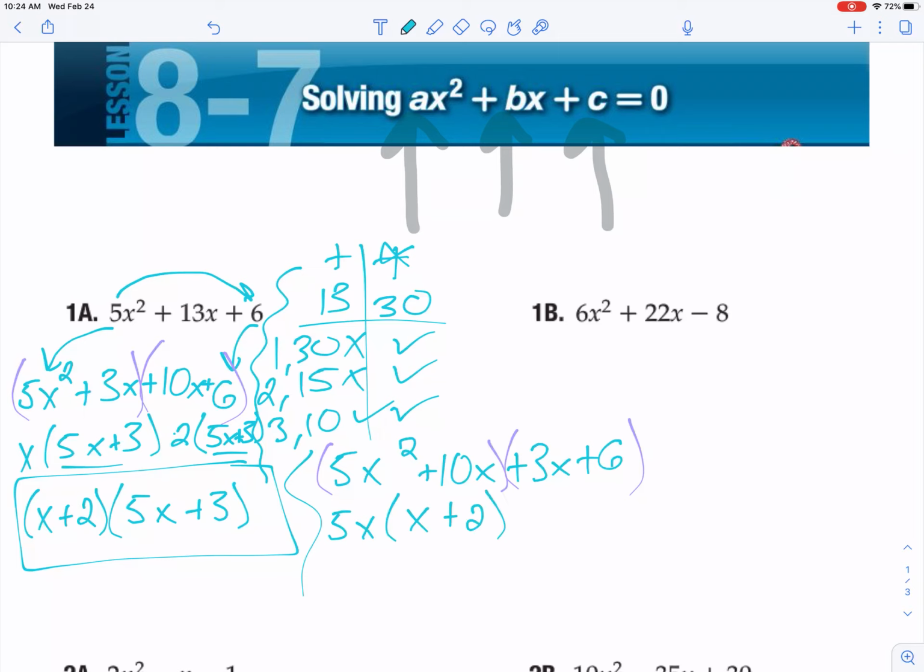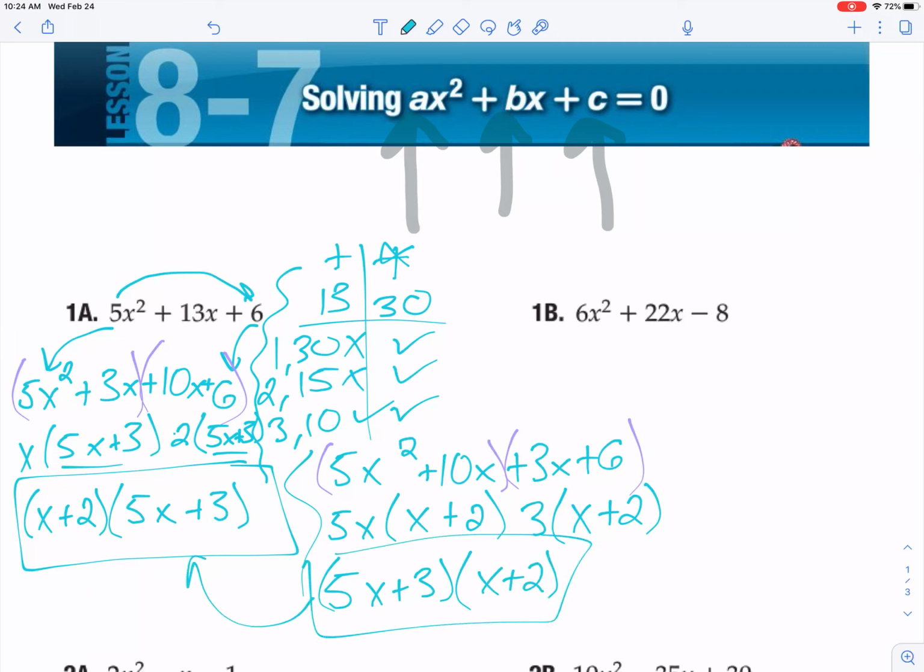And it looks like over here I can take out a 3, which leaves me with an x plus 2. So far my work looks really different from what I did last time. Although if I do my really fancy combining of like terms, my parentheses end up in the opposite order, but it's the exact same thing.